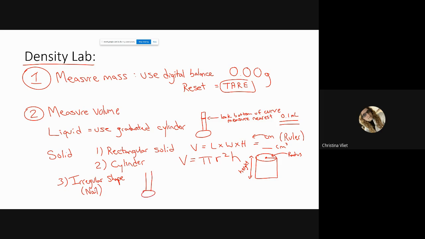You measure the volume of water, you put the nail in the water, and then you measure how much the volume changes. And that will tell you the volume of the nail. So we're about to go to lunch. I just wanted to show you the different things you're going to measure before we leave.